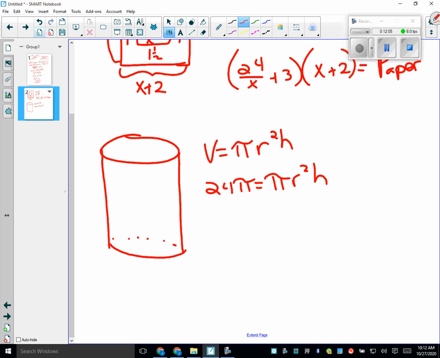I want to find... I'm solving for r. Okay? Because I can't have two letters.